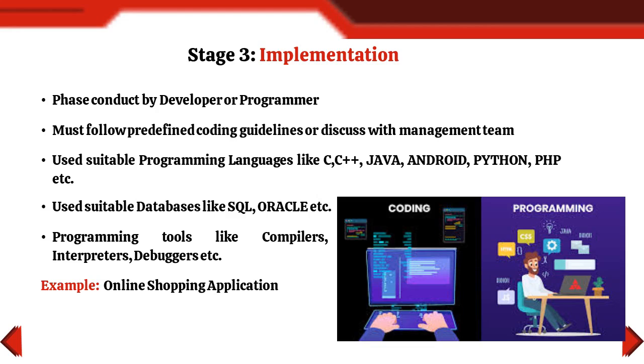For example, in an online shopping application, this phase would involve coding modules like user registration and login, product catalog and search, shopping cart and checkout, payment gateway integration. In short, the implementation phase transforms all the planning and design into working software.